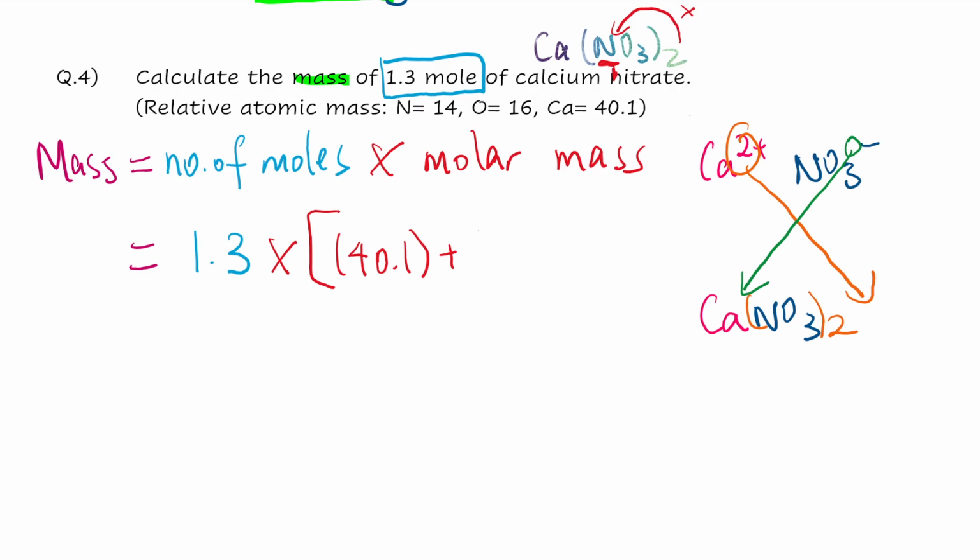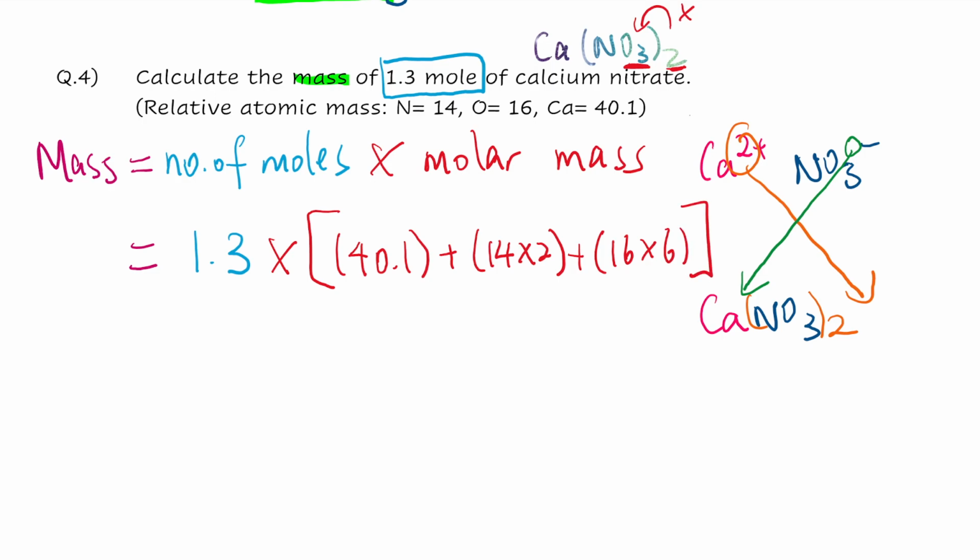Nitrogen, the relative atomic mass is 14. 14 times 2. And finally, my oxygen here. Inside the bracket I have 3 oxygen atoms. And the number outside is 2. So as I told you, you times it. 3 times 2 is 6. So 16 times 6. And close your bracket.